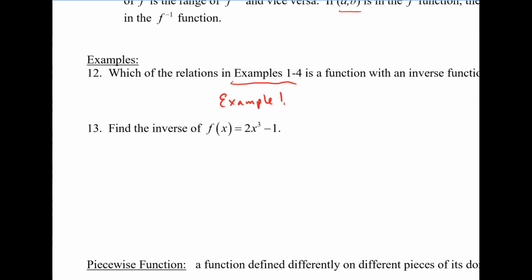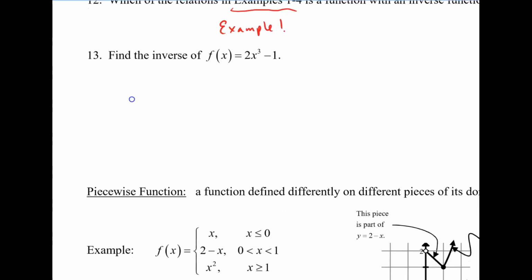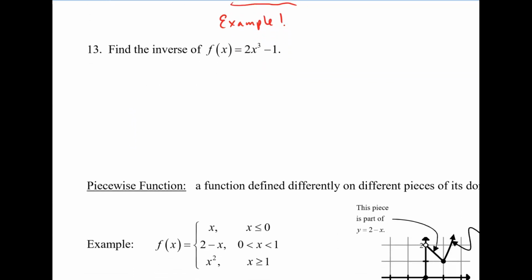So example 13, they want us to find the inverse of f of x algebraically. Again, remember what you have to do first is switch your x and y. So if I rewrite this function over here as y is equal to 2x cubed minus 1, and I swap my values, I get x is equal to 2y cubed minus 1, and I can solve for y.